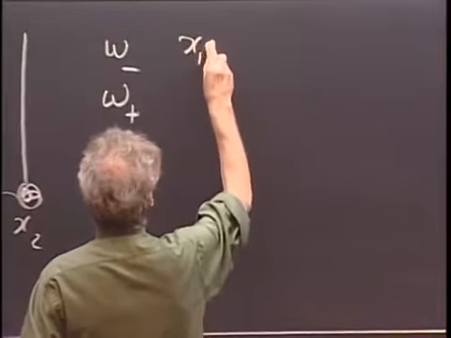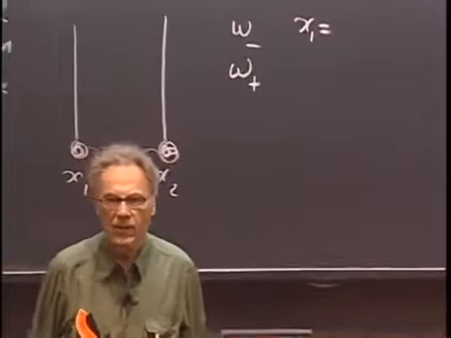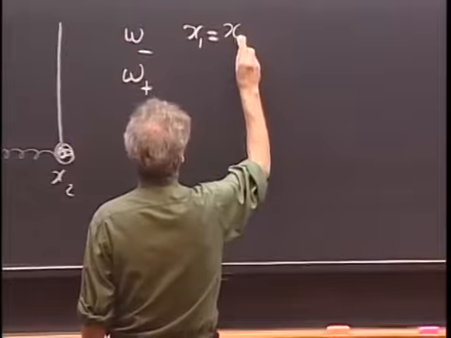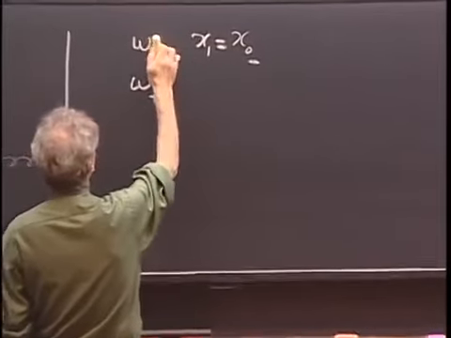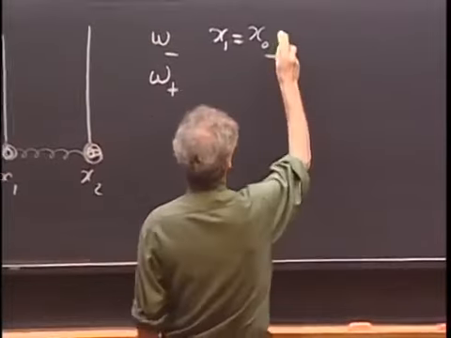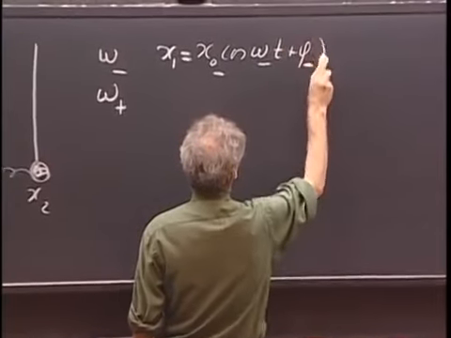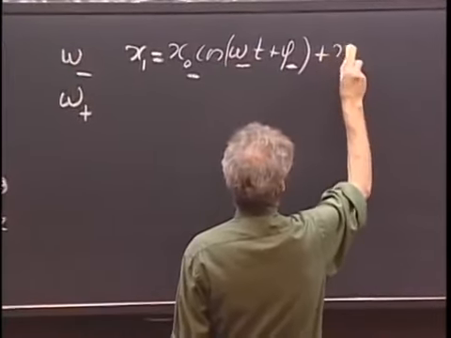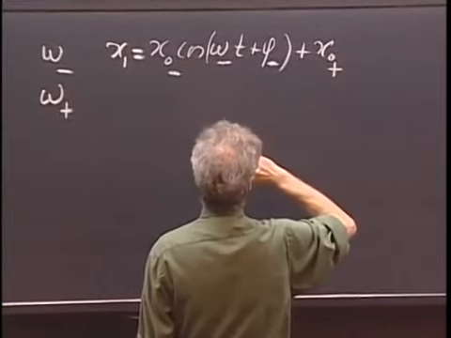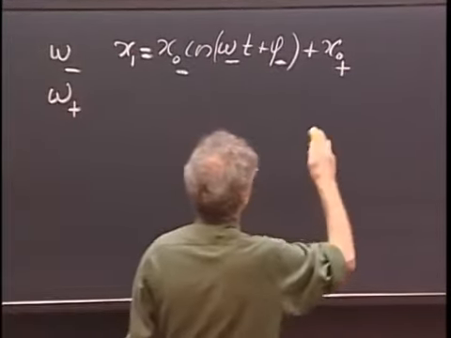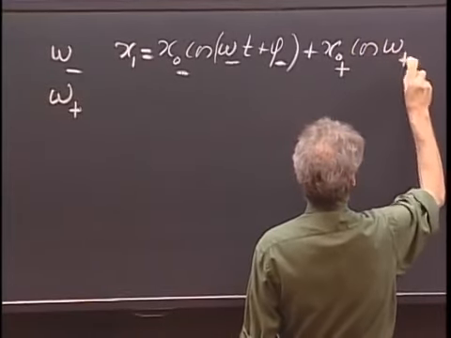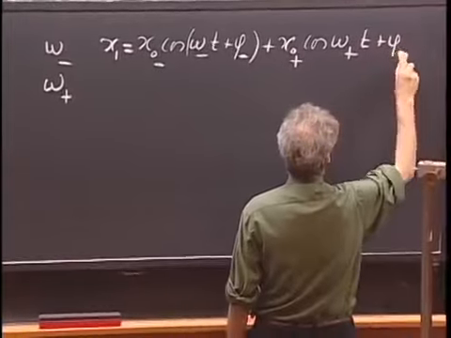If you take my word for that for now, but of course I will demonstrate and prove that to you, it would mean then that one function of time can be written as having some kind of an amplitude, x0, I give it a minus sign, because it's related to that normal mode frequency, times the cosine of omega minus t plus some phi minus, plus some other amplitude, which I call x0 plus, which is going to be related to this frequency, times the cosine of omega plus t plus phi plus.